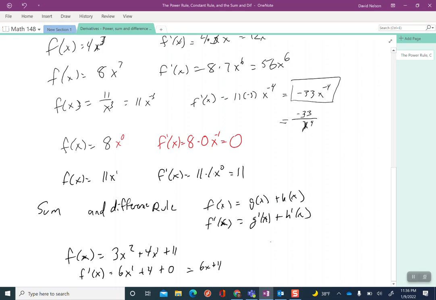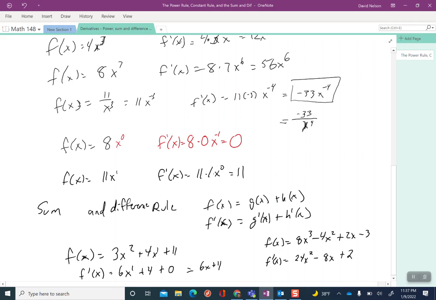If you've got f of x equals 8x cubed minus 4x squared plus 2x minus 3, then for the derivative, we're just going to go term by term. 8 times 3, 3 times 8 is 24. Lower the power by 1. If it's subtraction, it just stays subtraction. 4 times 2 is 8. Lower the power by 1, you're going to get x to the first power.